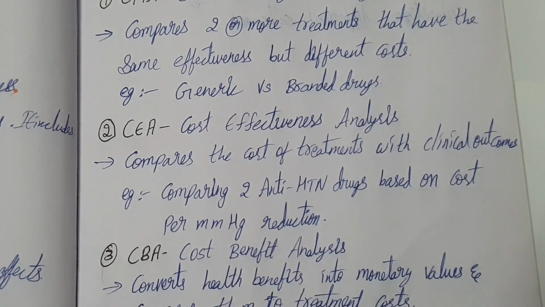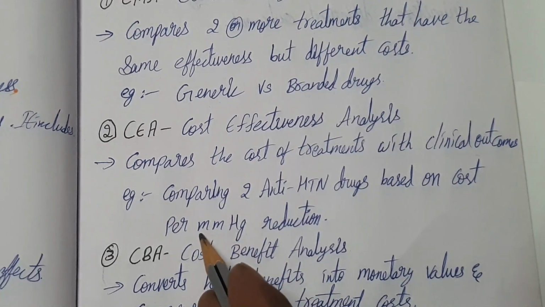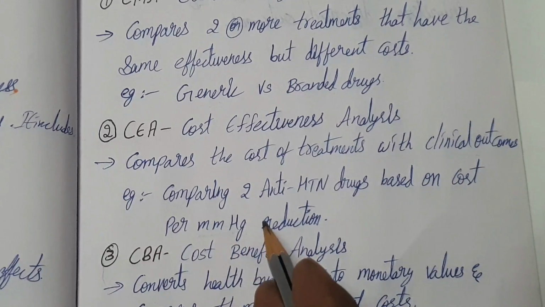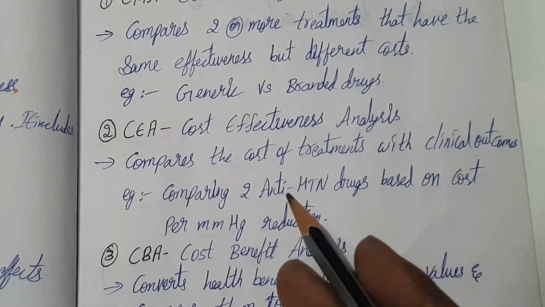Cost per mmHg of blood pressure reduced using two antihypertensive drugs. So here we are talking about per unit, that is, in our example we are reducing blood pressure per mmHg, comparing two antihypertensive drugs.